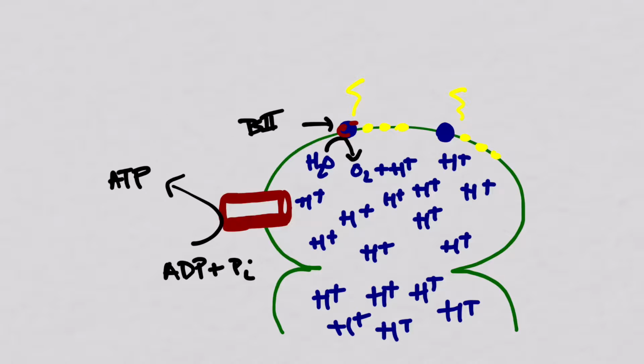The concentration inside the thylakoid is much higher than the concentration of H+ out in the stroma. So there's a pressure for hydrogen to move outside of the thylakoid, and the only way it can get out is through this molecule, ATP synthase.